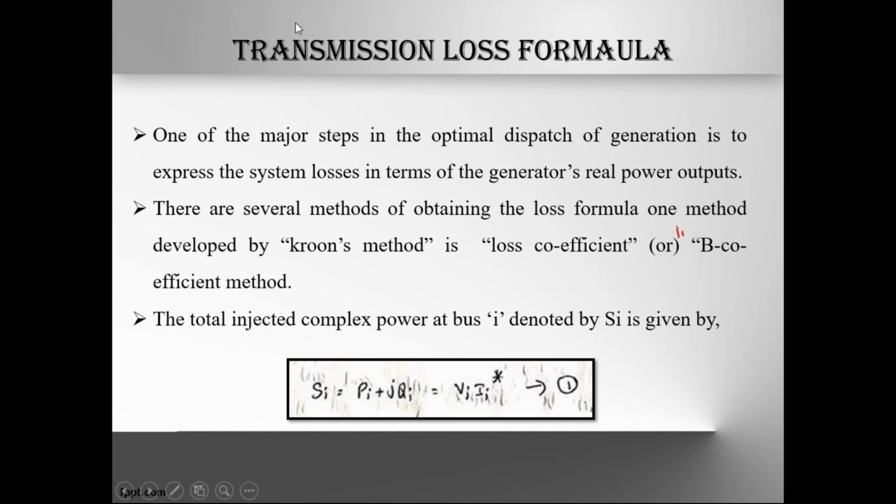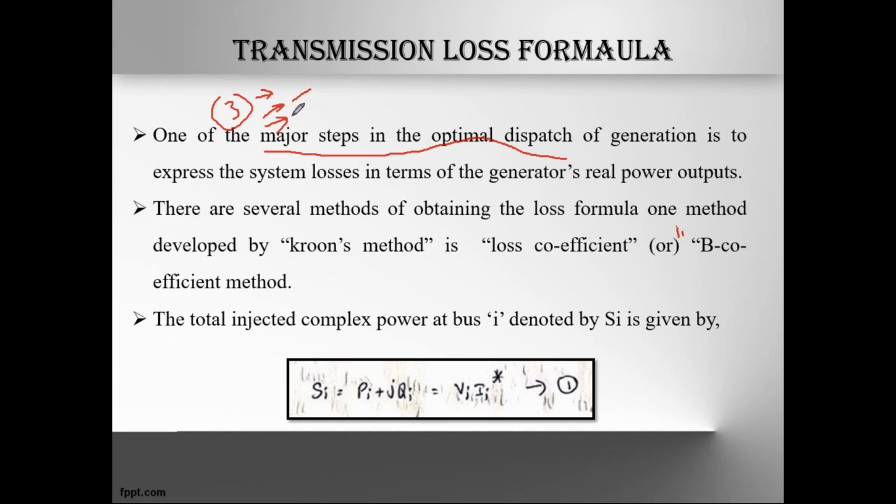As I already said, the major step of optimal dispatch of generation is to express the system losses. We have three scheduling methods. The first one is the traditional method, and the second and third are analytical methods. In the second one, we are not including the losses, so it is the lossless case we are considering here.